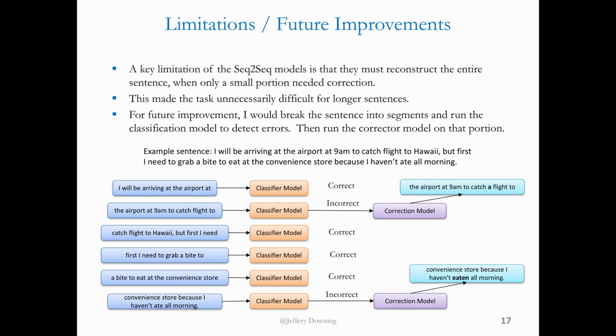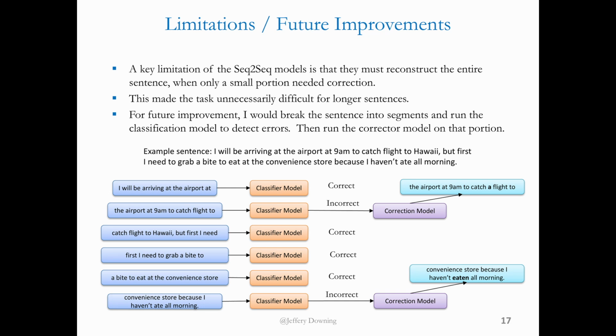A key limitation of the sequence-to-sequence models is that they had to reconstruct the entire sentence when only a small portion needed correction, and so this made the task unnecessarily difficult for longer sentences. For future improvement, I would consider breaking the sentence down into segments, running the classifier model on those to detect errors, and then running the corrector model on just that small portion.